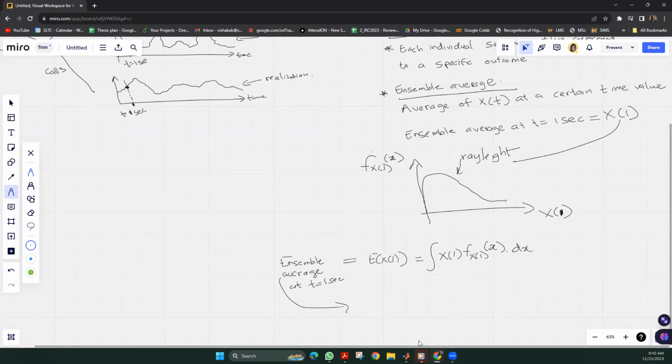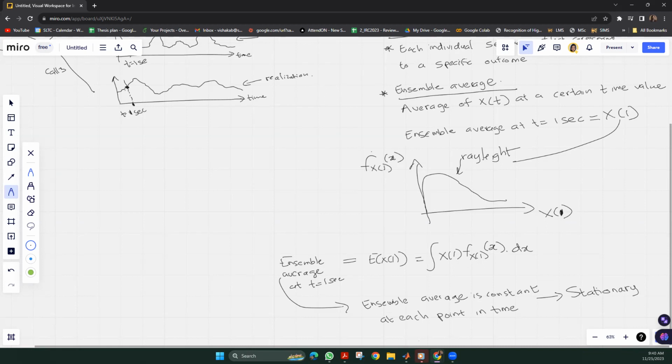So if the ensemble average is constant at each point in time, then we call that process a stationary random process.